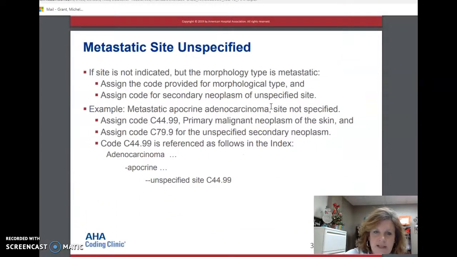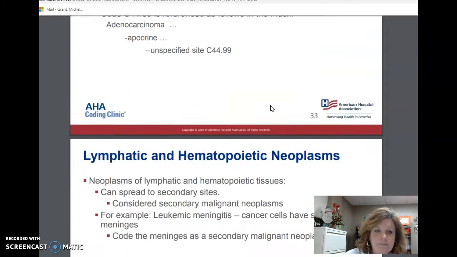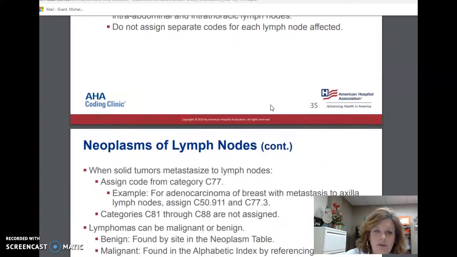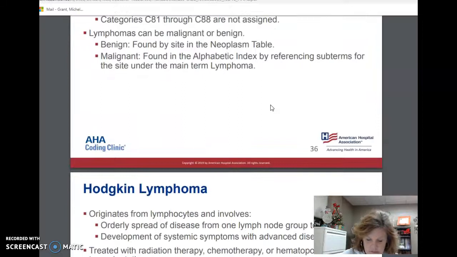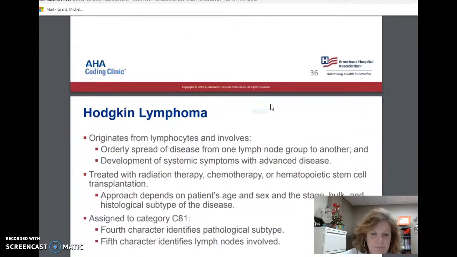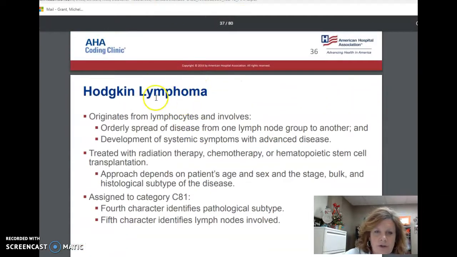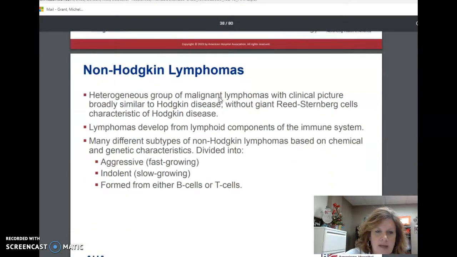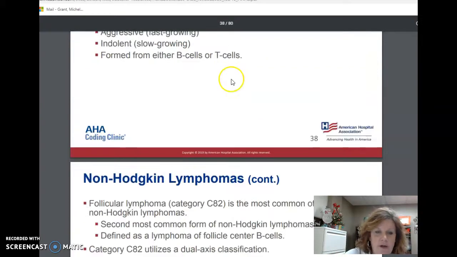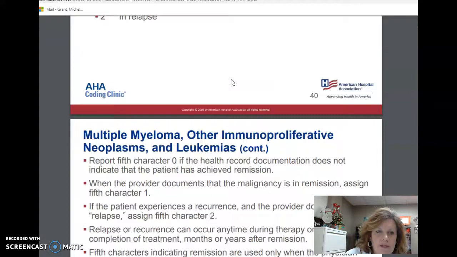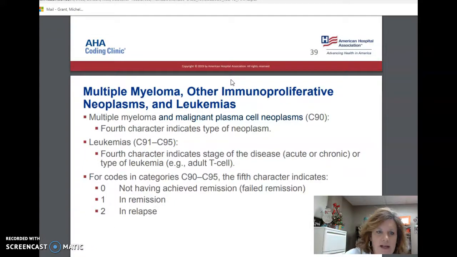Metastatic site unspecified. Neoplasms of lymph nodes and glands. Then we have just the different types, which you can pretty much look up: lymphoma, non-Hodgkin's lymphoma. We get into remission here, and with the remission, we have leukemias.